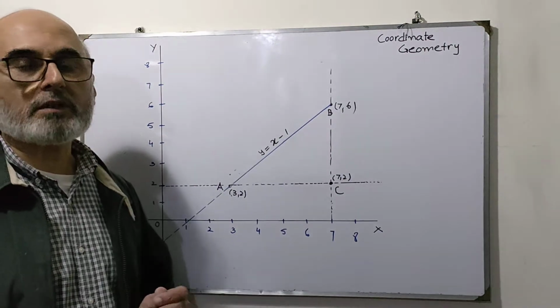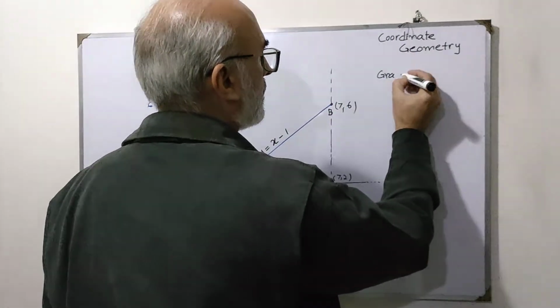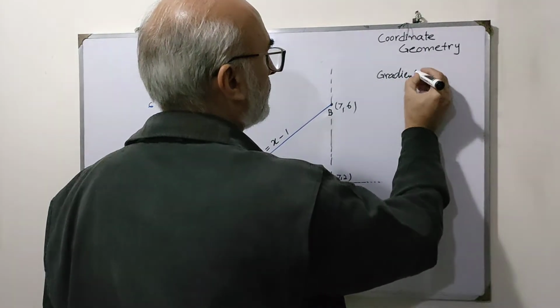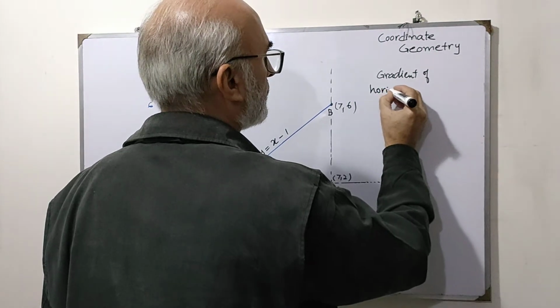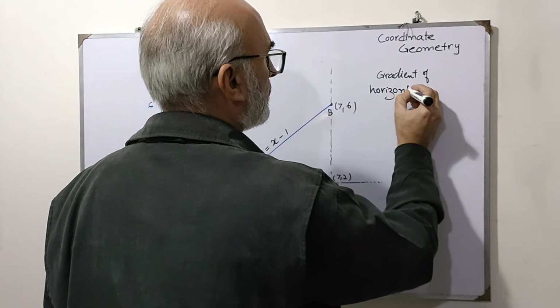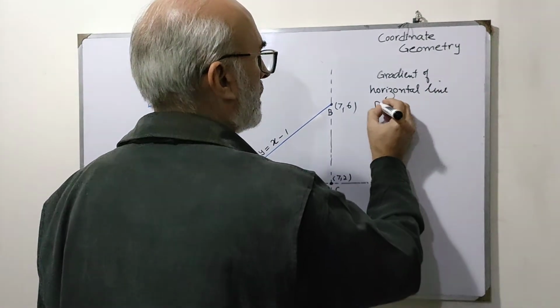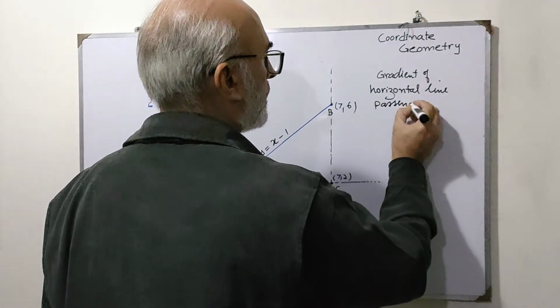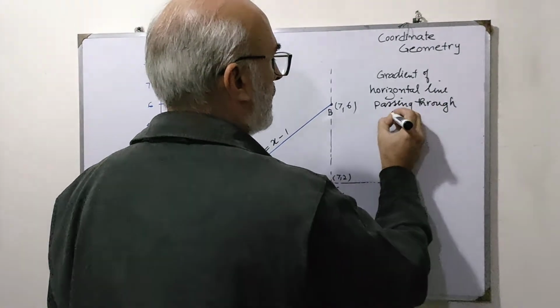So let's see what the gradient is in this case. Gradient of the horizontal line passing through AC.